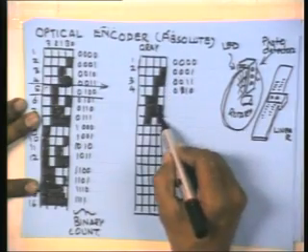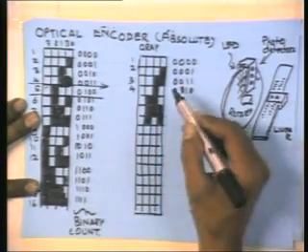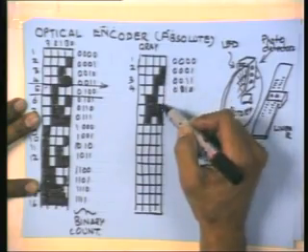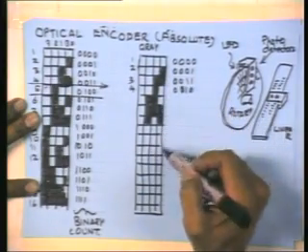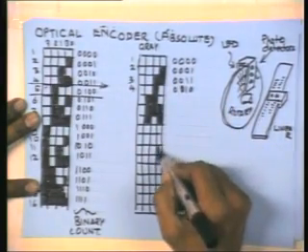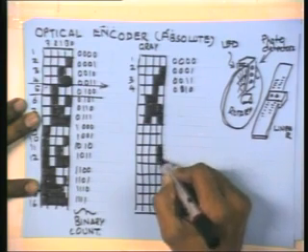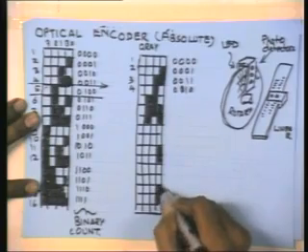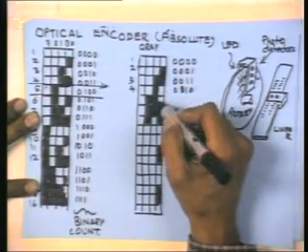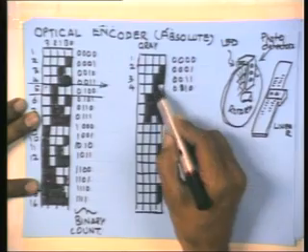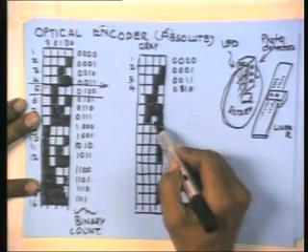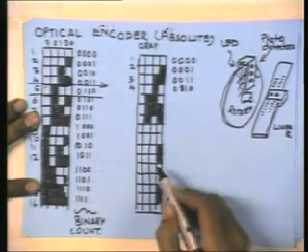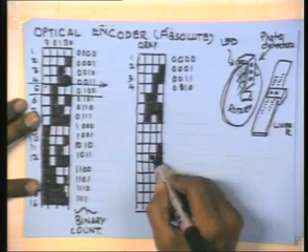So the way I generate the pattern, let me tell you the secret: every 2, I am alternating here. So I could simply generate it blindly. Every 2 will be black and every 2 will be white. Here every 4 will be black and every 4 will be white. So I've got 1, 2, 3, 4. I leave 1, 2, 3, 4 blank, and then I have the next 4.